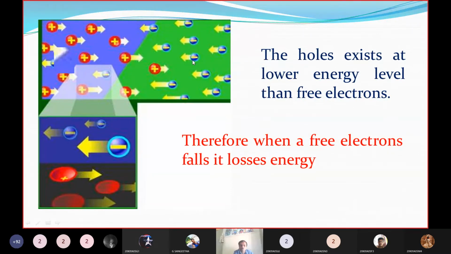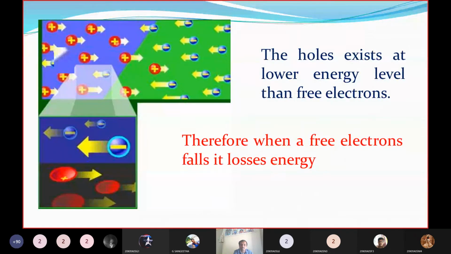See here, the holes exist at a lower energy level than free electrons, so the free electron energy level will be higher. We already discussed the energy level diagram. In that diagram, we place the electrons in the conduction band, above, and holes below because holes have less energy.